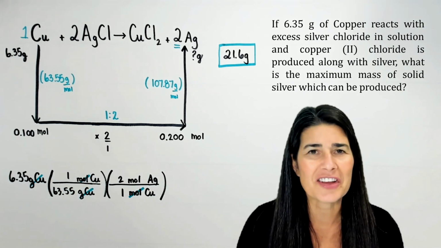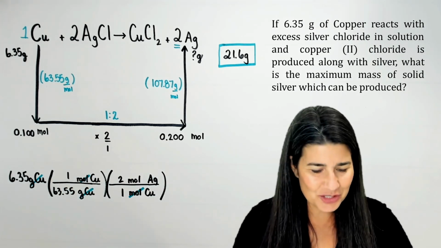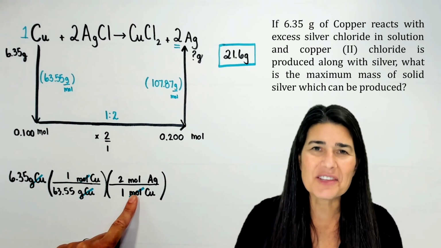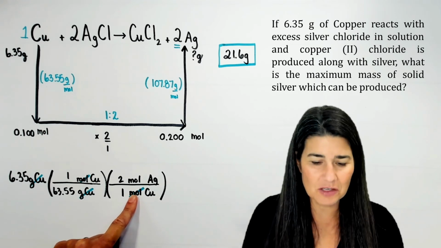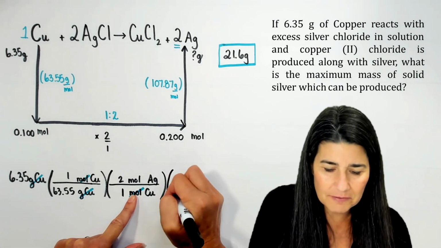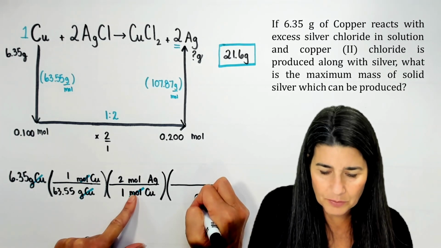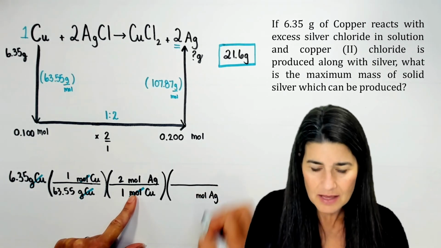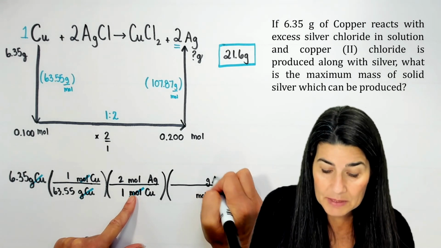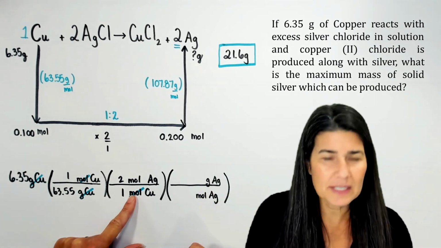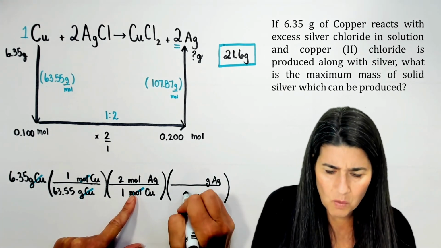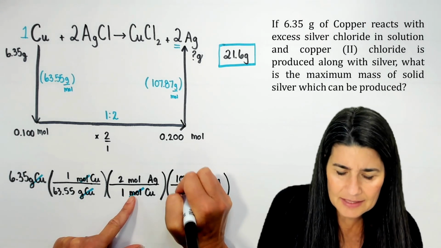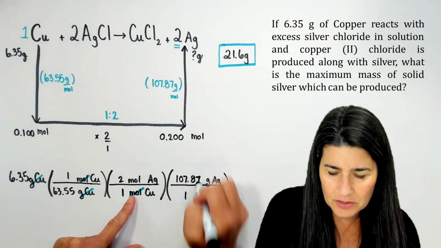We're following along here. Your last conversion, if you had moles of silver and you wanted grams of silver, you would have done another conversion step. You would have gotten rid of moles of Ag by putting it diagonally. You would have tried to go to grams of silver. And the way you would have done that was with the molar mass. 1 mole is 107.87 grams.